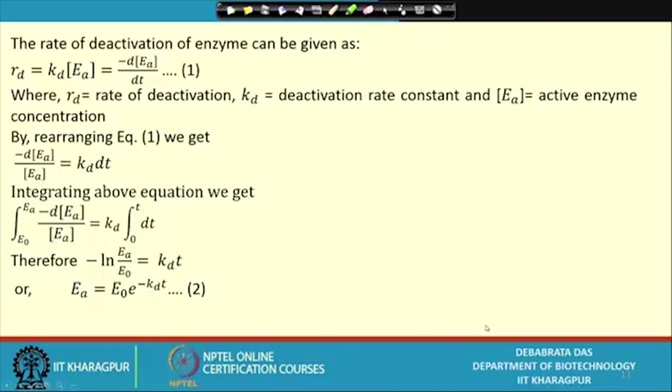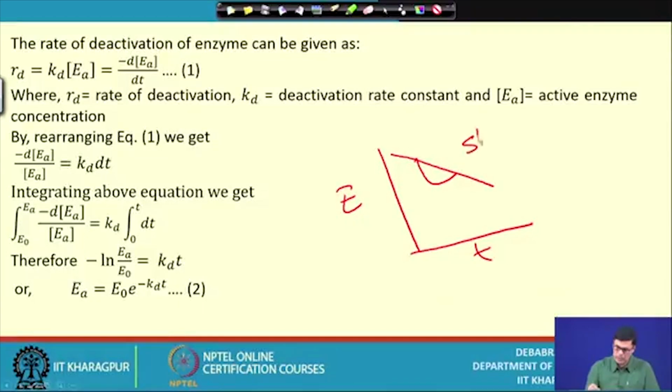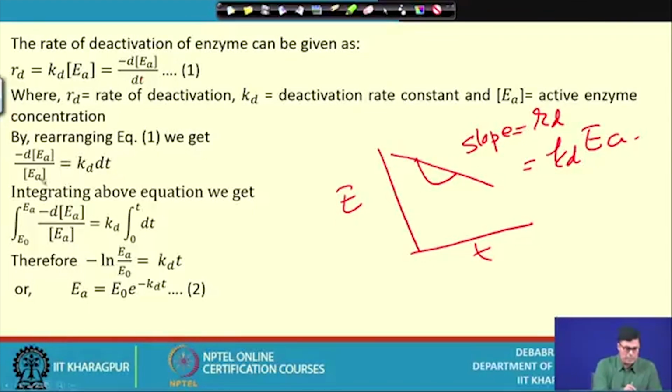Now, the rate of deactivation. When you discuss deactivation, the activity of the enzyme decreases like this, enzyme activity with respect to time. This slope is RD, because RD is equal to KD into EA, the enzyme concentration. This is how we find out enzyme deactivation.